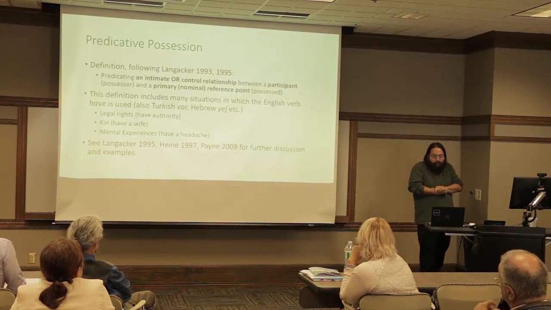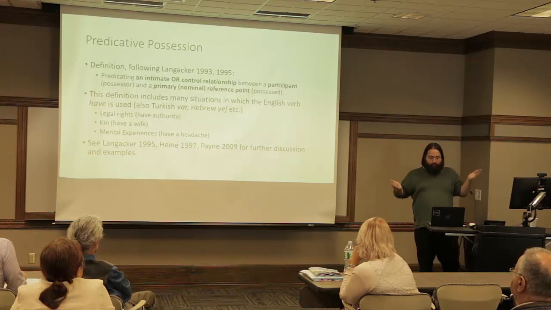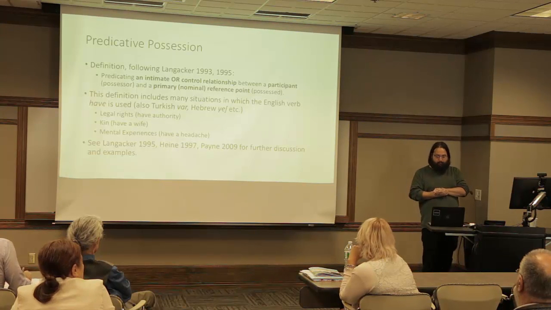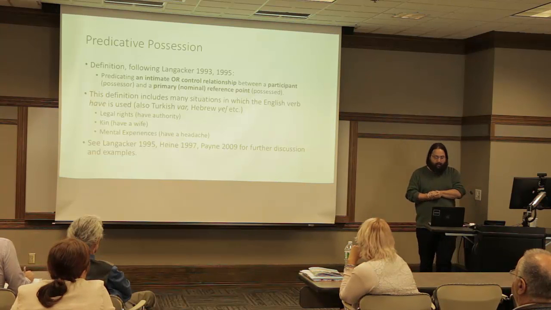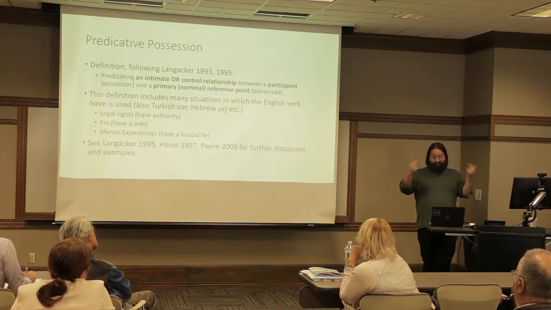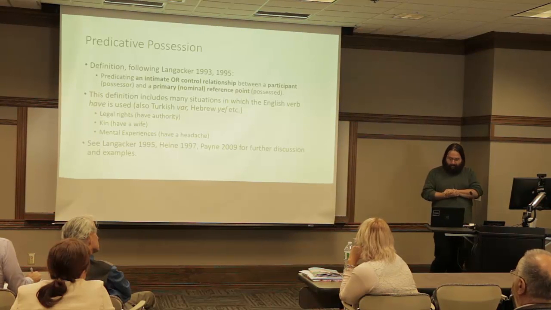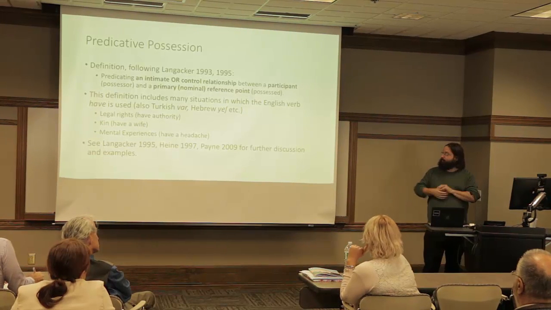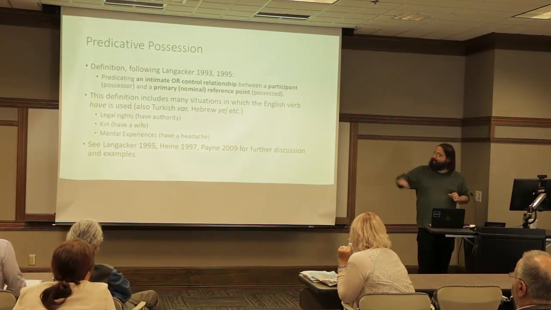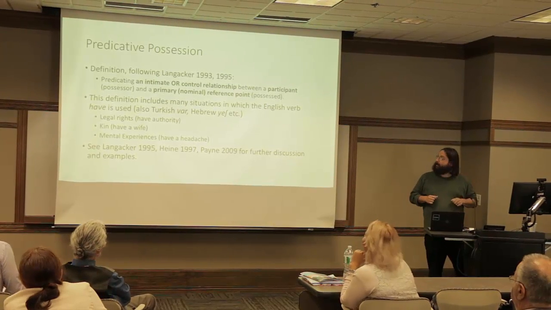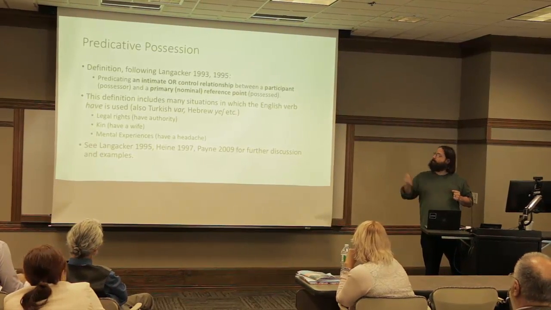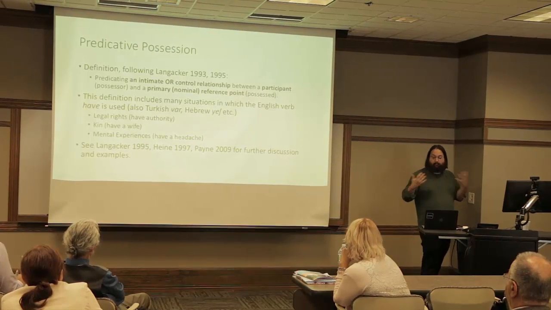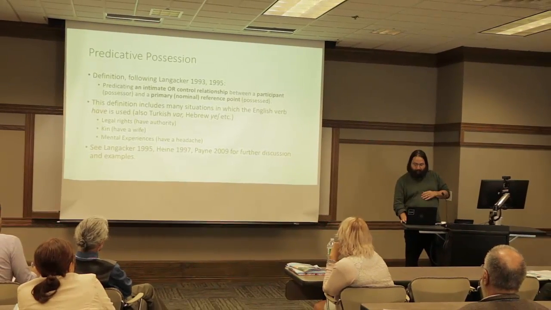Those include legal rights, such as having authority over someone, kin relationships, such as having a husband or a wife, and mental situations, such as having a headache, because you fly all night long and then you have a headache, and so on. There are many articles and a book, Heine 1997, that go into great detail there.